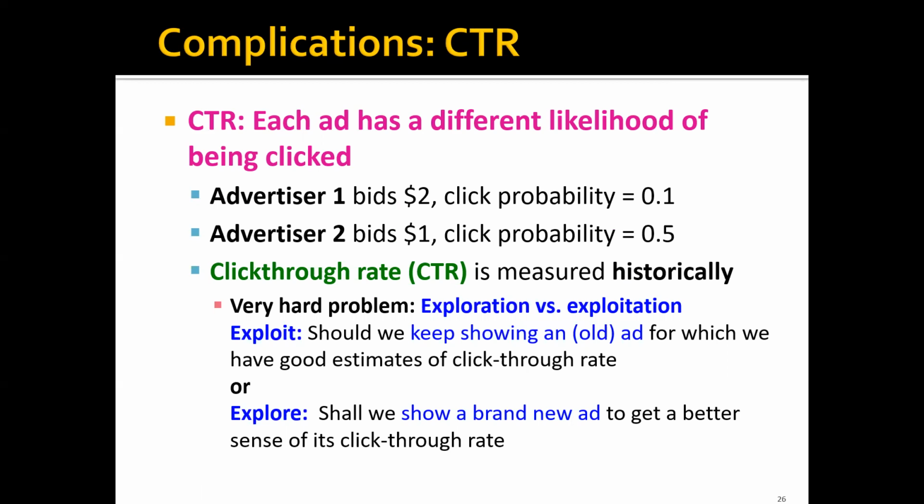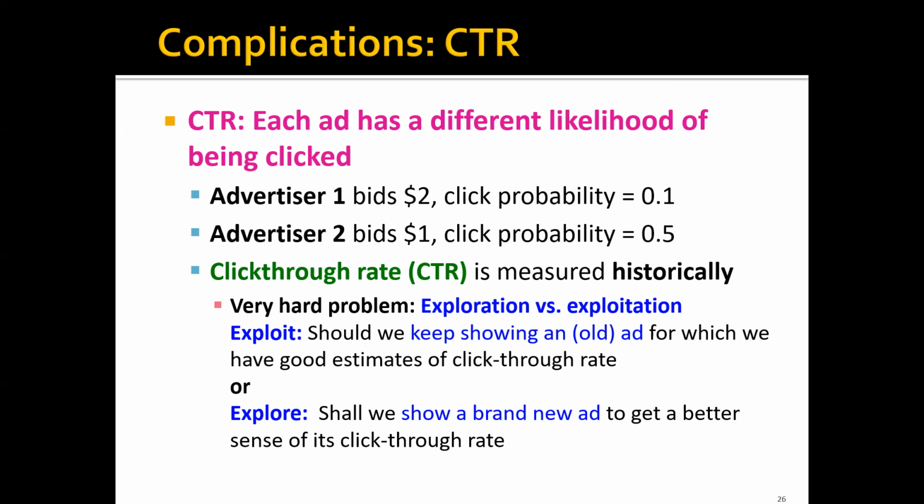Or should we show a brand new ad to get a better estimate of its click-through rate? The problem with the first option is that if some new ad actually has much higher click-through rate, and you choose to ignore it and not show it, then you might be missing the opportunity of making a lot of money by showing this new ad, right?